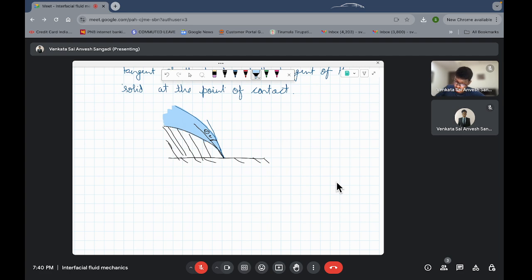So we can say that the local equilibrium angle theta e is equal to theta cap minus theta.